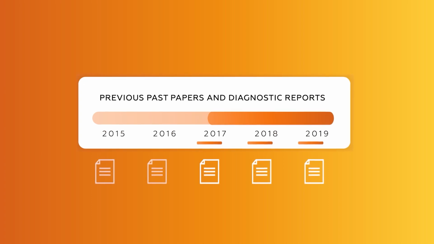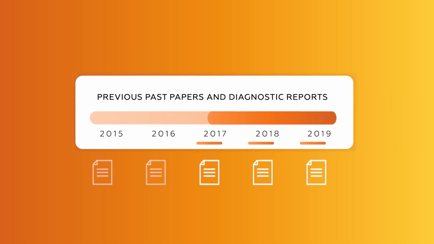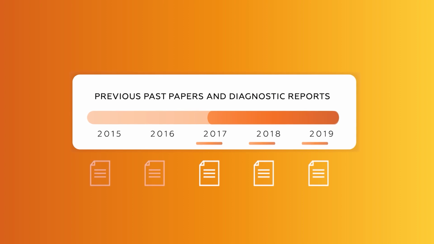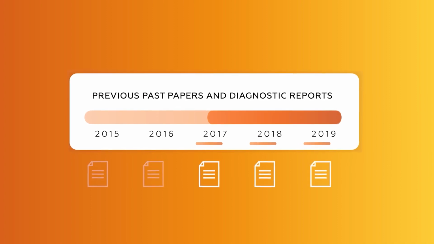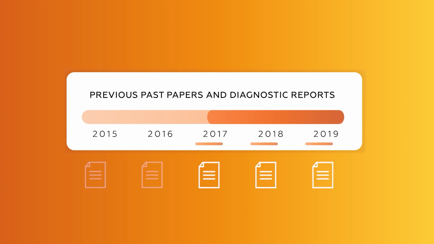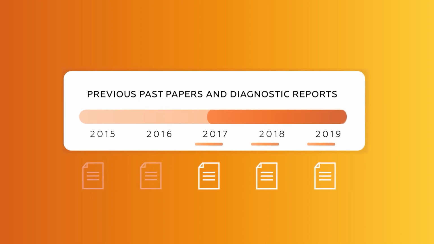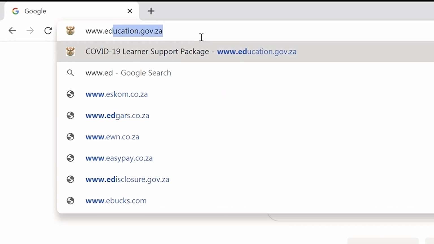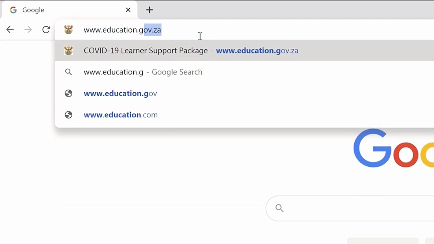No NSC examination can cover every topic in the curriculum. As a result, you are strongly advised to also refer to the diagnostic reports published for more than just the previous year. You can access the NSC diagnostic reports on the Department of Basic Education website.